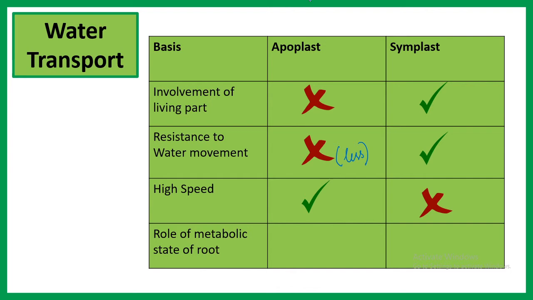If this is the reaction arena, most of the metabolism takes place in your cell cytoplasm. So if most of the metabolism takes place in the cytoplasm, there will be more molecular crowding. More molecular crowding will hinder the symplast pathway, and since symplast occurs through the cytoplasm, the metabolic state of the root will have some role in it. But apoplast occurs through your cell wall, so it is not getting into the cytoplasm and will not involve your metabolic state, right?